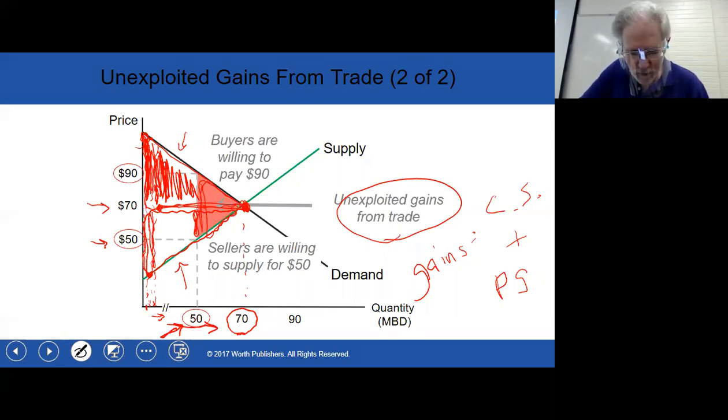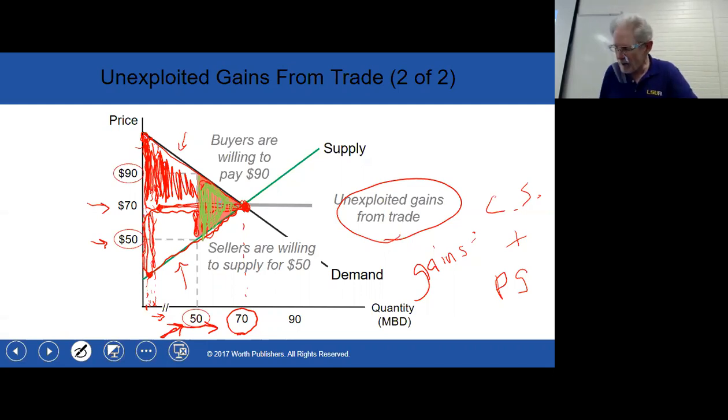Because if we only produce 50, then this area represents gains from trade that we could have enjoyed. Benefits consumers and producers both would have shared. We lose that. Okay? You could call that inefficiency. It's gains that were not exploited.